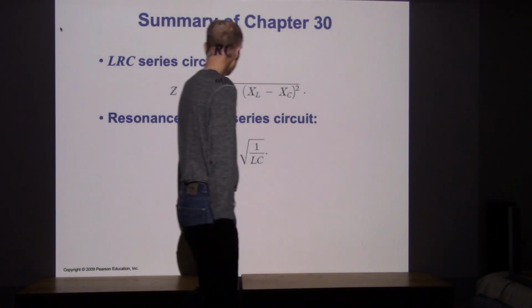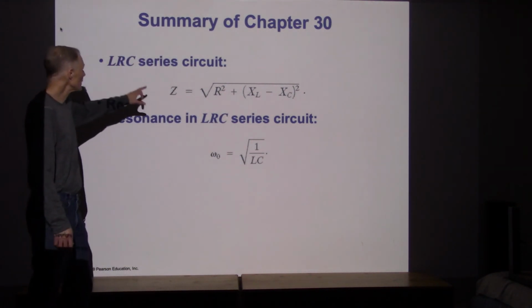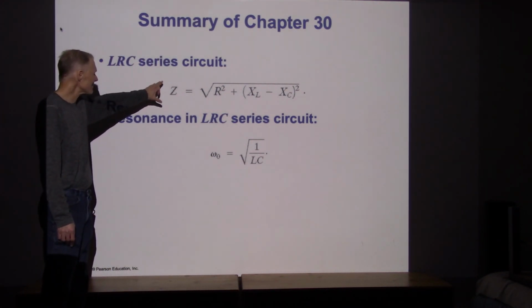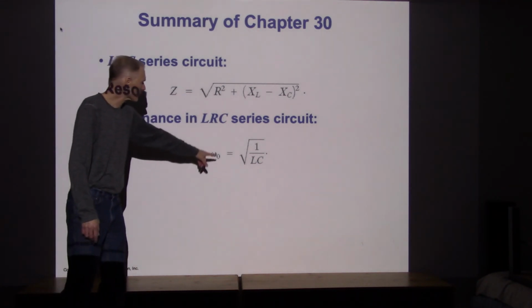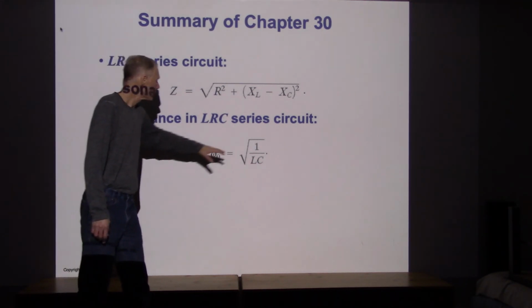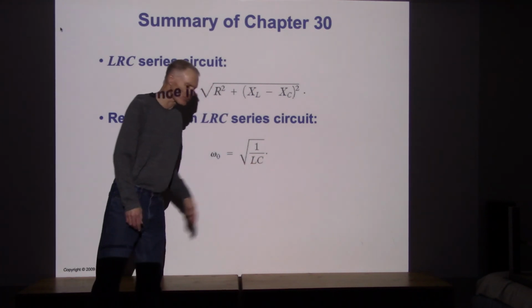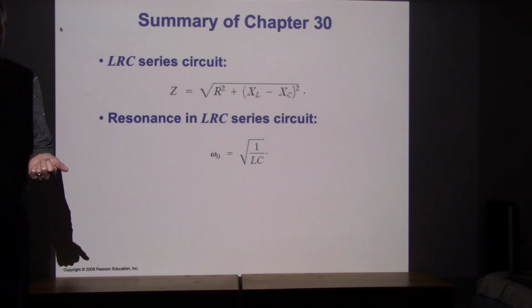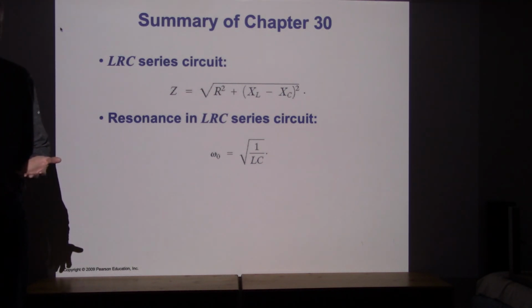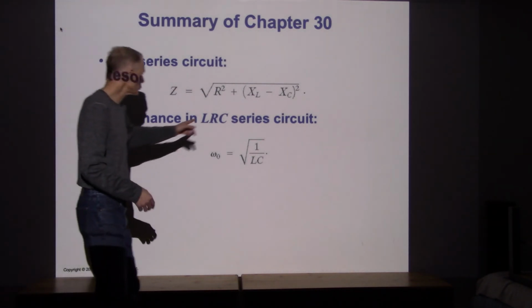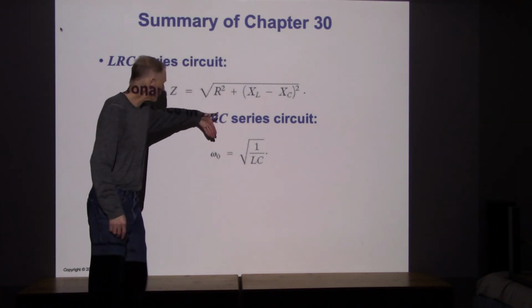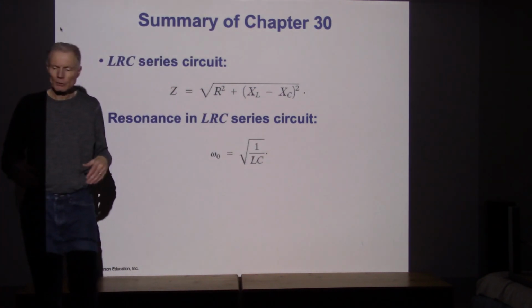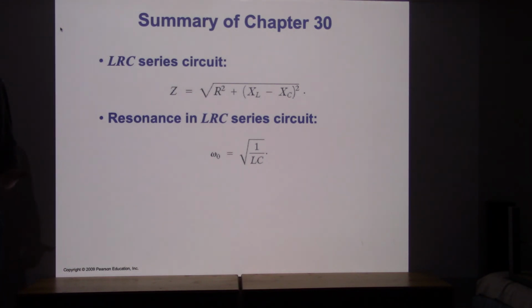And maybe finally, this might be the end here, this was the overall impedance in an AC circuit, and this is the resonance frequency for a particular value of L and C. So again, if I have a circuit with a variable capacitor, a device where you can go in and vary the capacitance, or a variable inductor, a device where you can go in and vary the inductance, then we can tune a circuit so that it will favor signals that have a particular frequency to them.